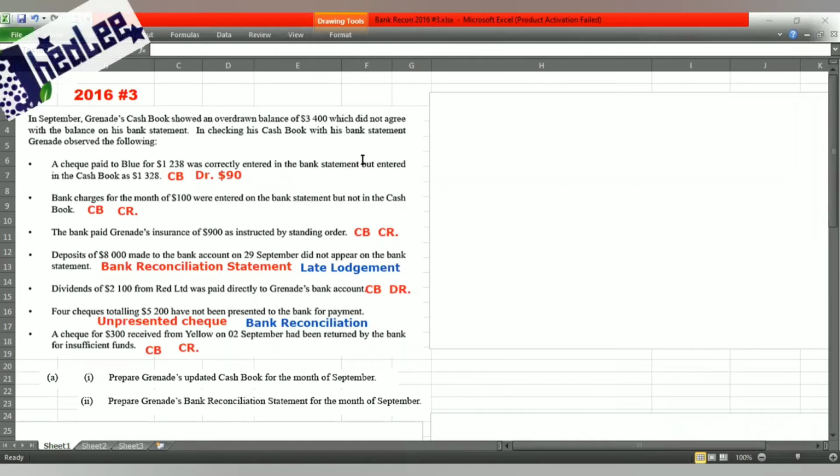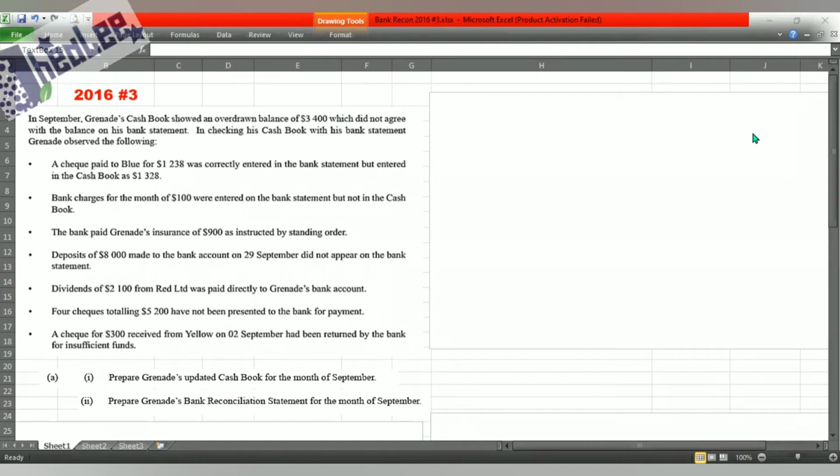Okay, so we have gone through looking at each note, each item that was observed, and now we're going to prepare part A, which we are asked to prepare the updated cash book. And we begin with the updated cash book.